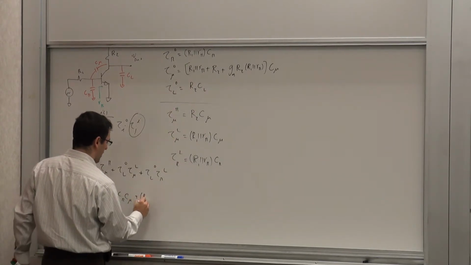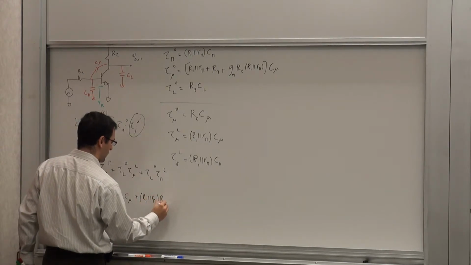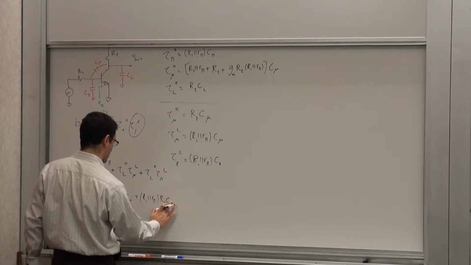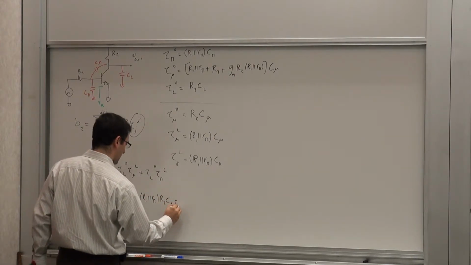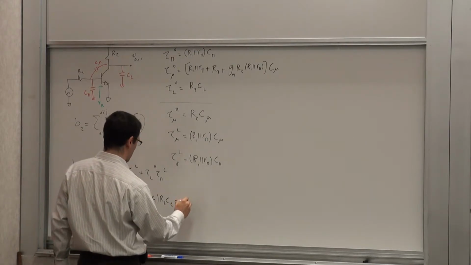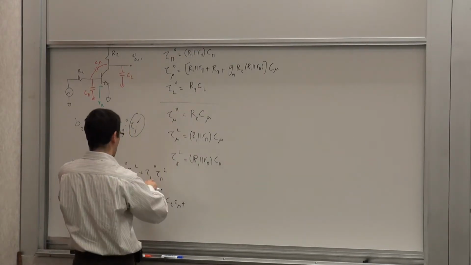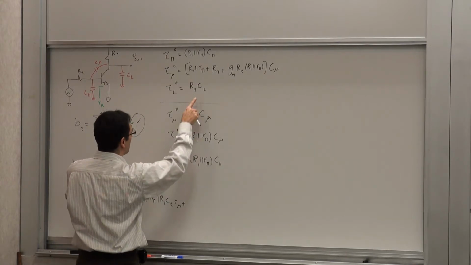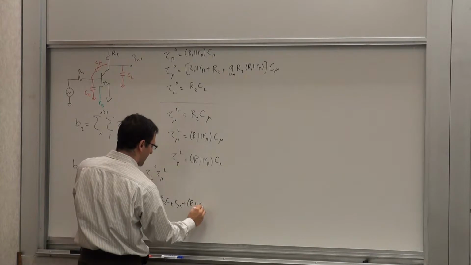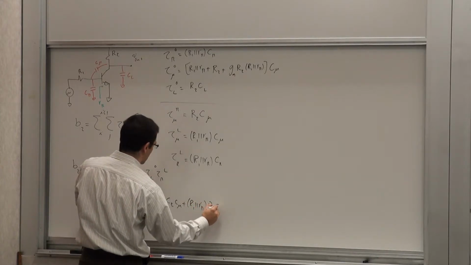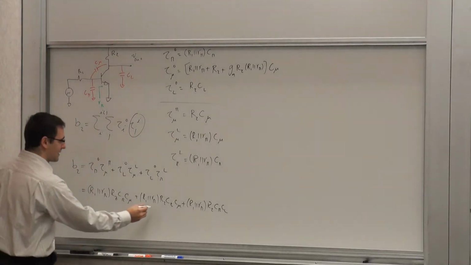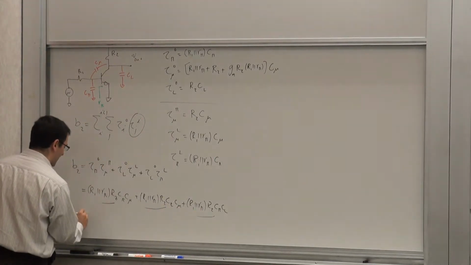I get again R1 parallel R pi, R2, C pi C L C mu, using the subscripts of the capacitors. And the last one is tau L 0 times tau pi L, so again I have the same term: R pi R2 C pi C L. I can see that the resistances are the same in 3 of them, so I can factor it out.